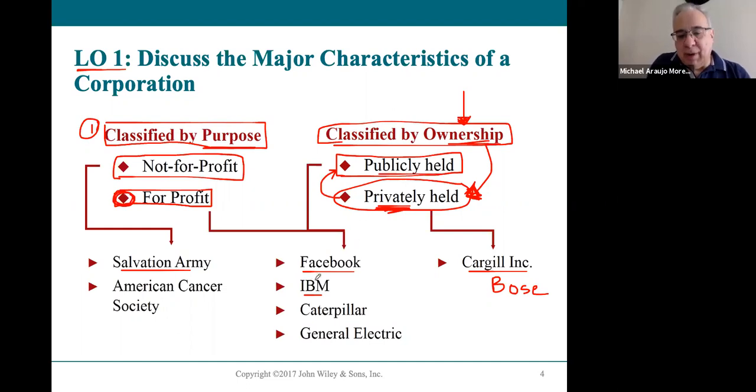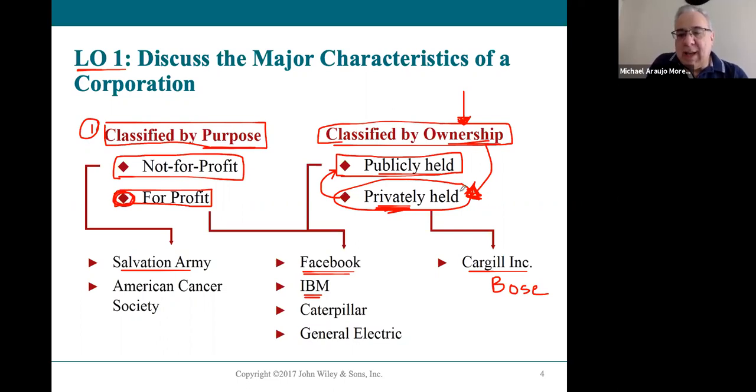Public corporations mean that anybody in the public can be a stockholder simply by buying shares of stock through a broker on the stock exchange. So all the companies that you hear about in the news and on the stock market are public companies, because anybody in the public can become an owner by buying a share.